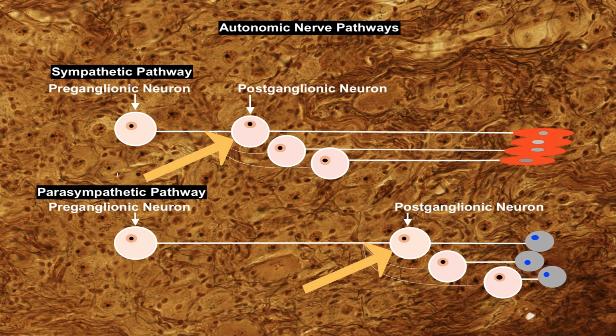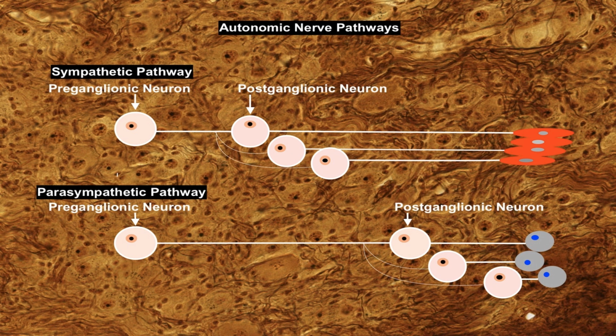That second neuron sends its axon to the distant target, maybe a glandular cell or smooth muscle. Sympathetic second neurons are located in small ganglia alongside the vertebral column. Parasympathetic second neurons are located in small ganglia very near or even within the effector organ or tissue.